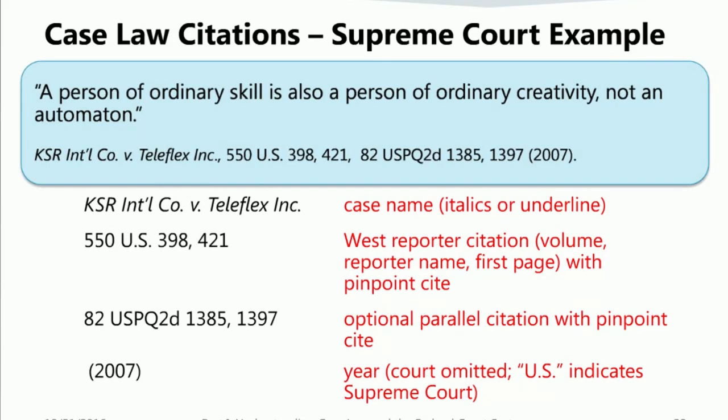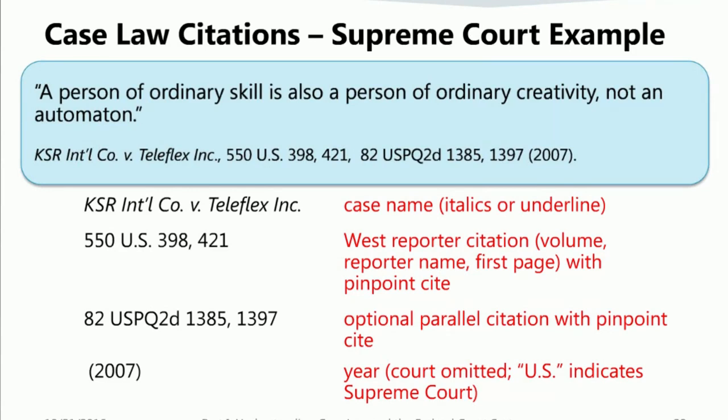US is the abbreviation for the name of the West Reporter where the decision was published. The West Reporter for Supreme Court decisions is called United States. 398 is the page number where the decision begins, and 421 is the page number where the particular quoted passage may be found.